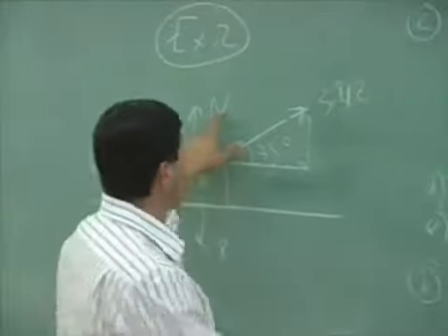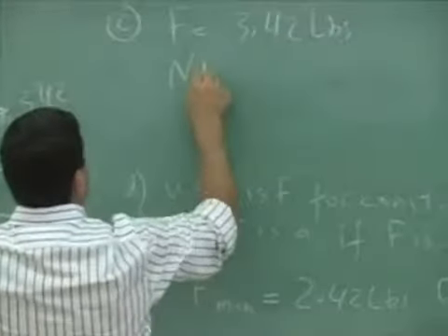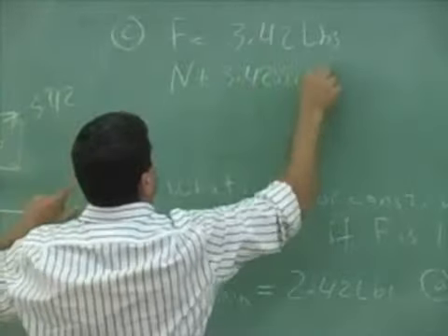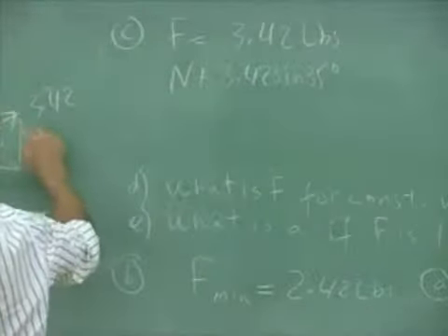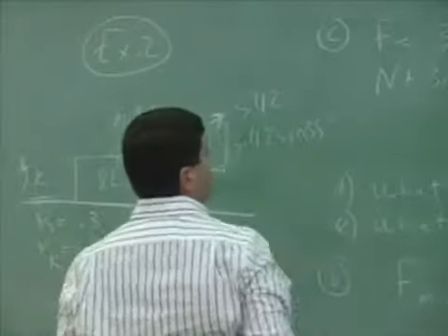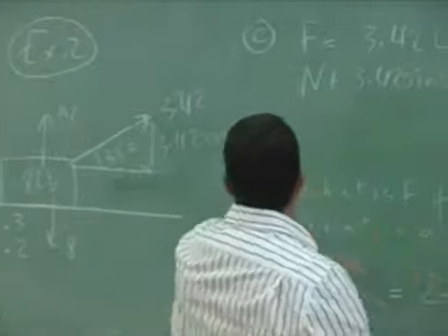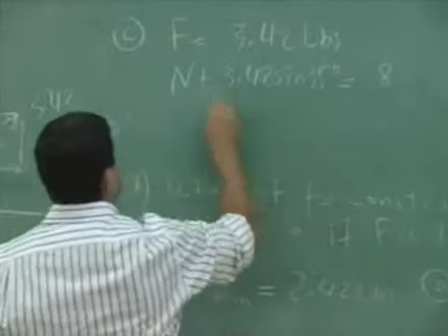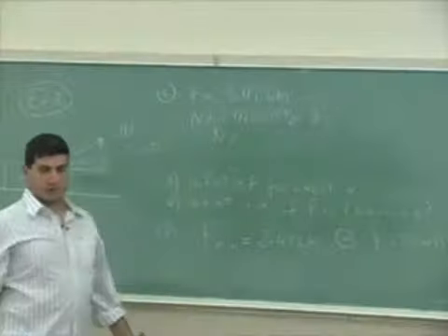So now let's first calculate the normal force. N plus 3.42 sine of 35. That's the vertical component. N plus 3.42 sine of 35 is equal to 8 pounds. And from there, you calculate the normal force.